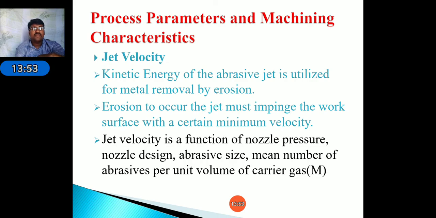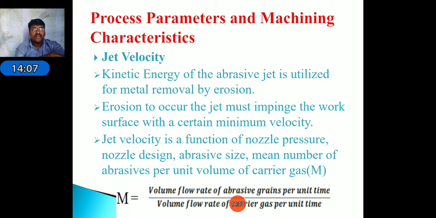Next, jet velocity is a function of nozzle pressure, nozzle design, abrasive size, and the mean number of abrasive particles per unit volume of carrier gas. The formula is M equals the volume flow rate of abrasive grains per unit time divided by the volume flow rate of carrier gas per unit time.